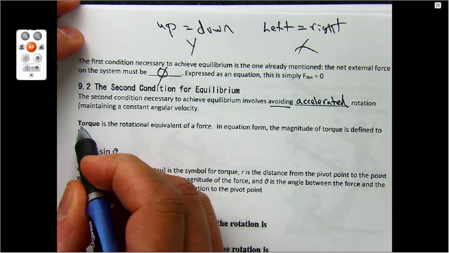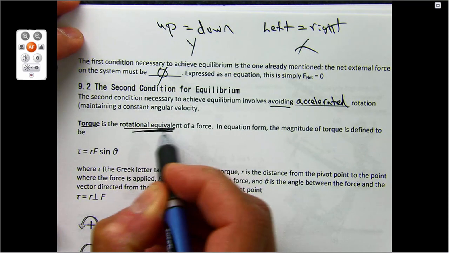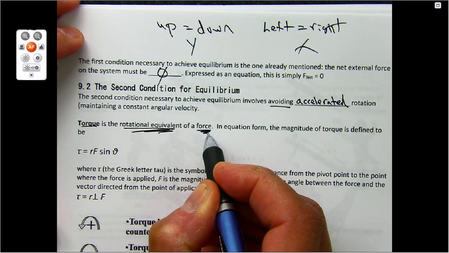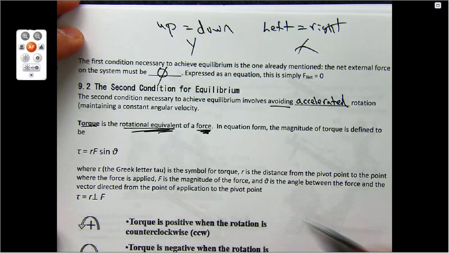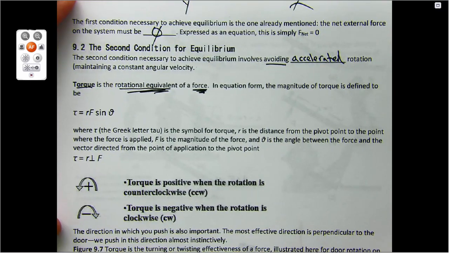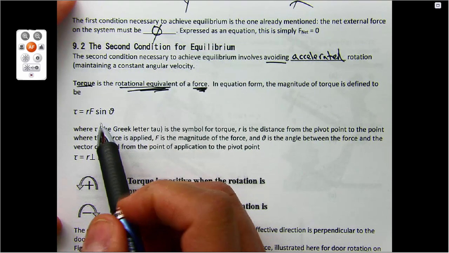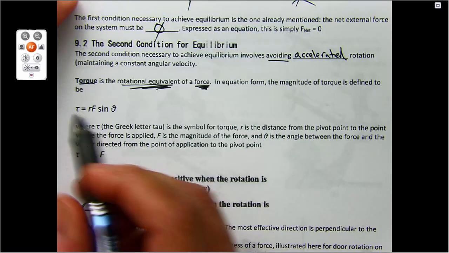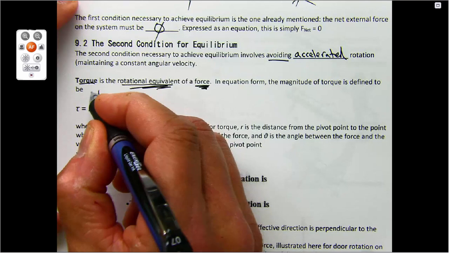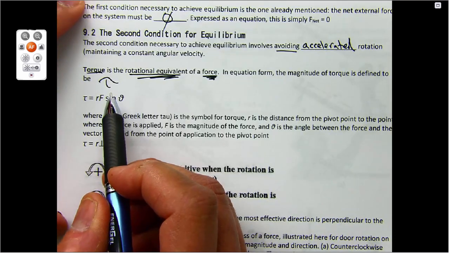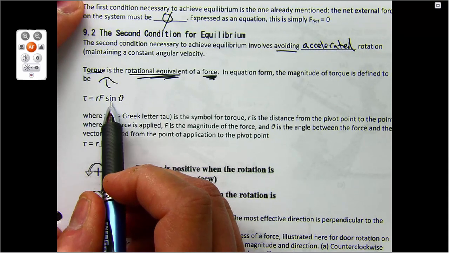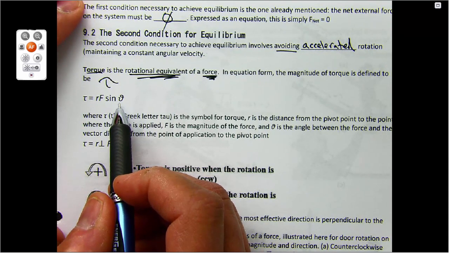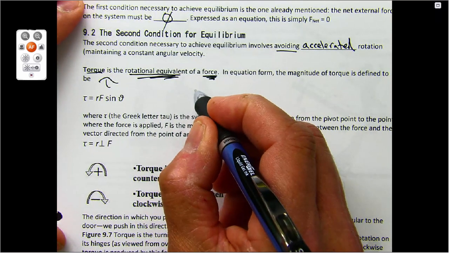So torque is the rotational equivalent of force. If you are applying a torque, you are now doing some kind of rotation on something. Torque has this tau symbol like this. It's the radius times force times sine theta. Typically you think of something like this.